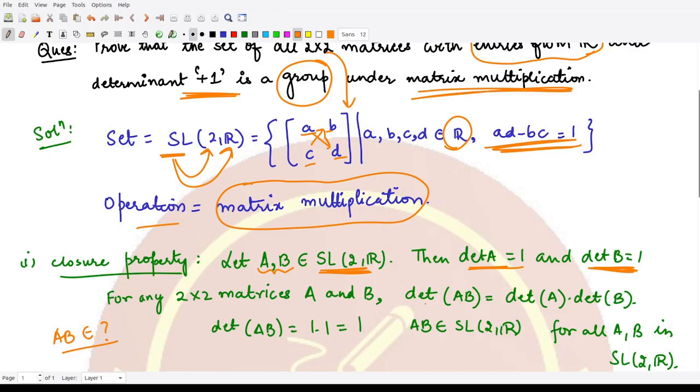So for that, because all the entries would be your real numbers only, we only need to check that the determinant of this is also equal to 1. But we know that determinant of AB is equal to determinant of A multiplied with determinant of B. Hence both of the determinants are equal to 1. Their product is also equal to 1. So this element is also present in the same set. Hence we have this closure property with us.